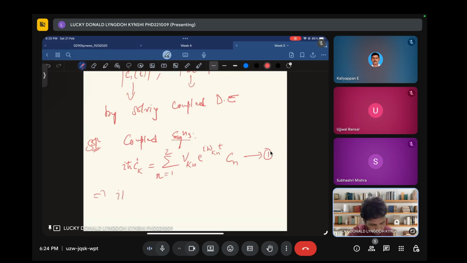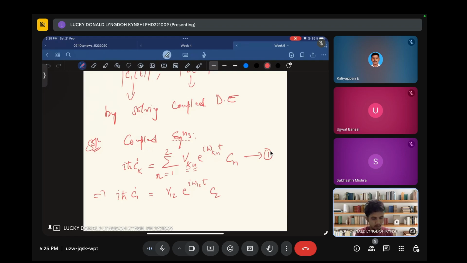So i h cross c1 dot is equal to what? Here k is equal to 1, and n runs over 1 and 2. So it will be V11 e to the power of i omega 11 t c1 plus V12 e to the power of i omega 12 t c2.